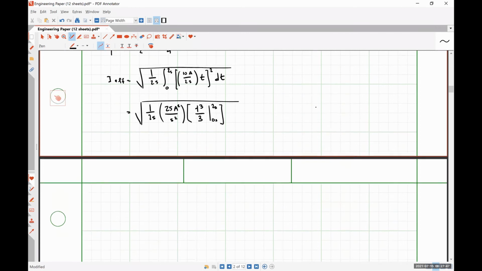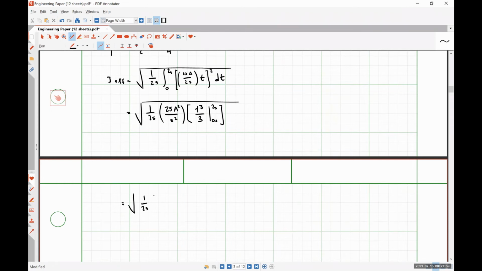Running out of room here. So let's see. I'm going to have 1 over 2 seconds. Then I'm going to have 25 amps squared per second squared. Then I'm going to have 2 seconds cubed minus 0 seconds cubed, all divided by a factor of 3.